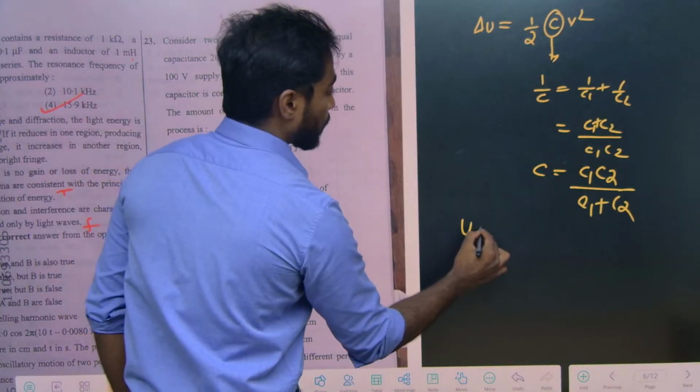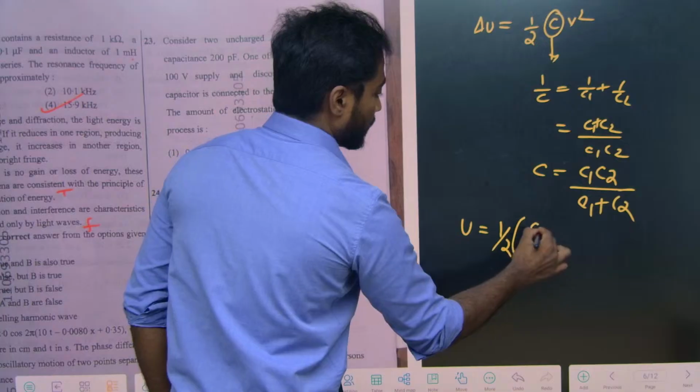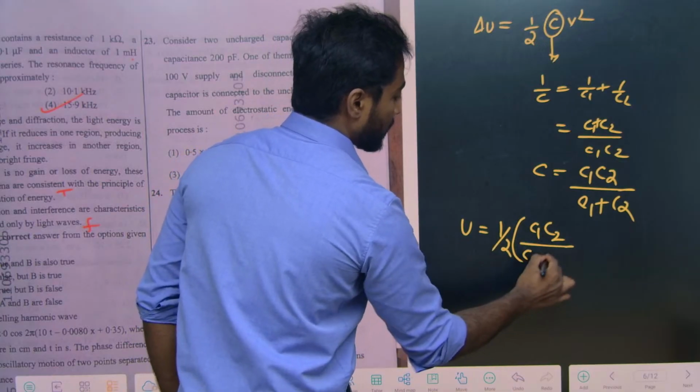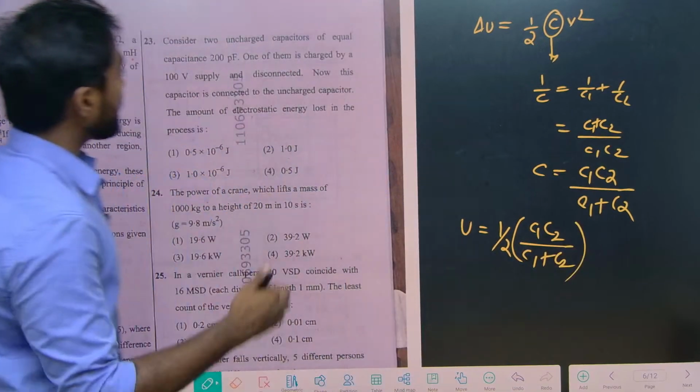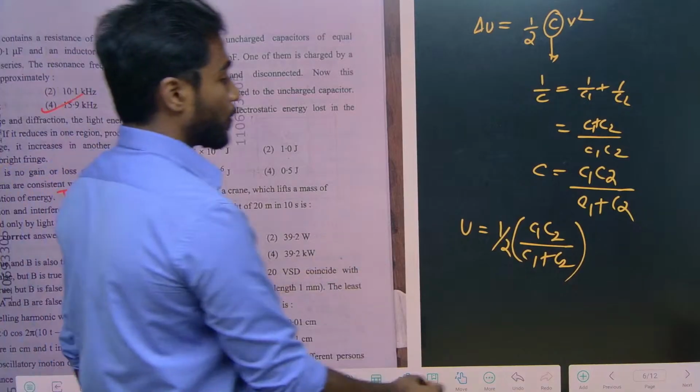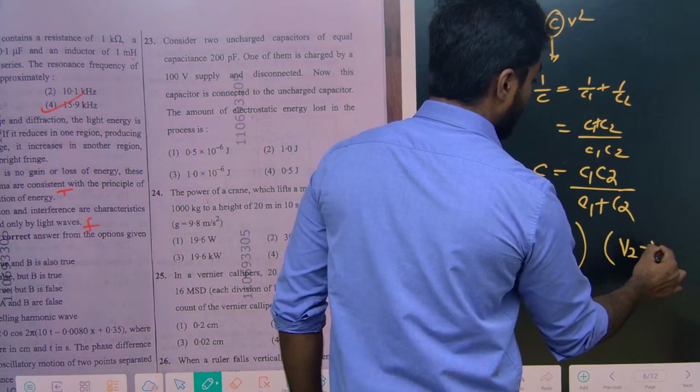So U will be equal to 1 by 2 into C1 C2 by C1 plus C2 into (V2 minus V1) the whole square.